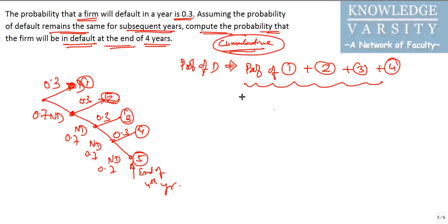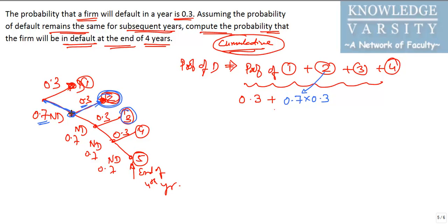The probability of node 1 is 0.3, plus the probability of node 2, which is the joint probability of this node and this node, 0.7 and 0.3. So the probability of node 2 will be 0.7 into 0.3. What is the probability of node 3?